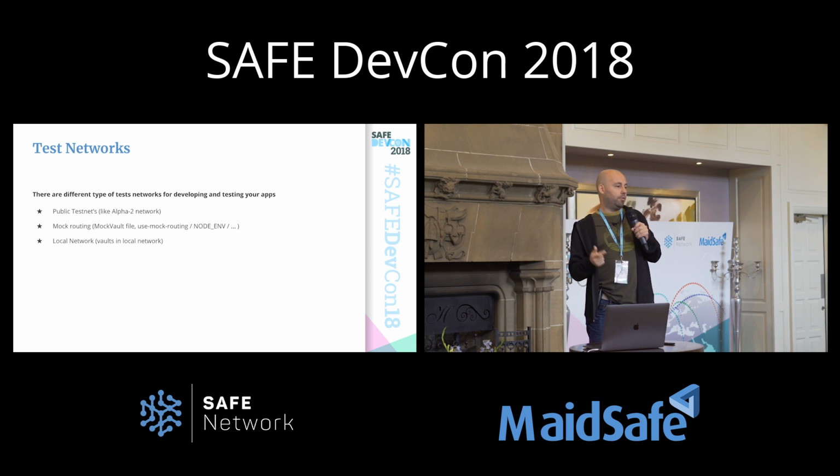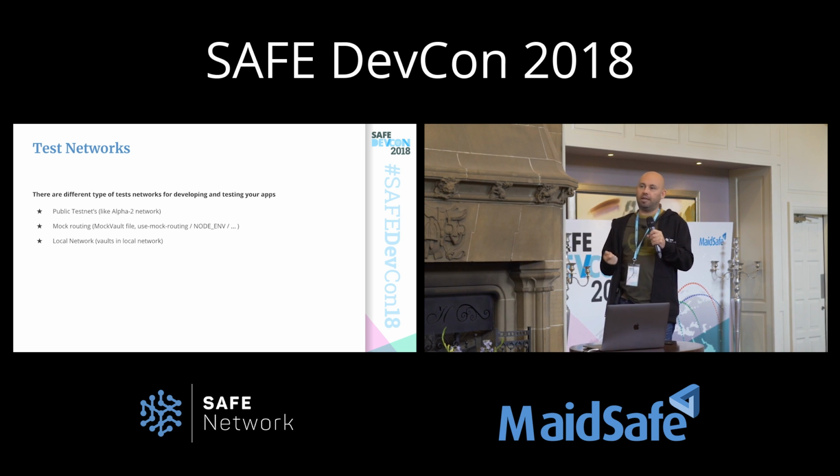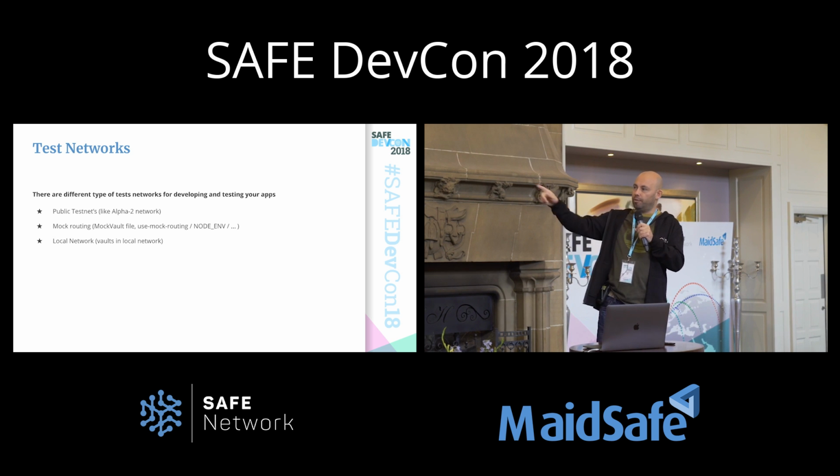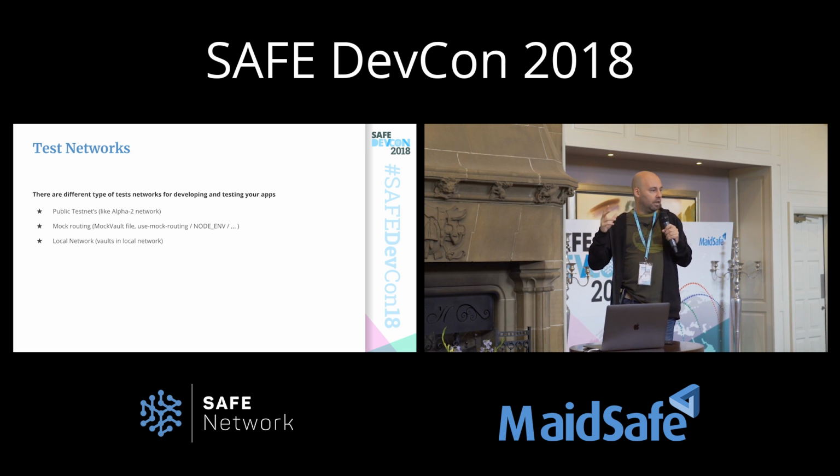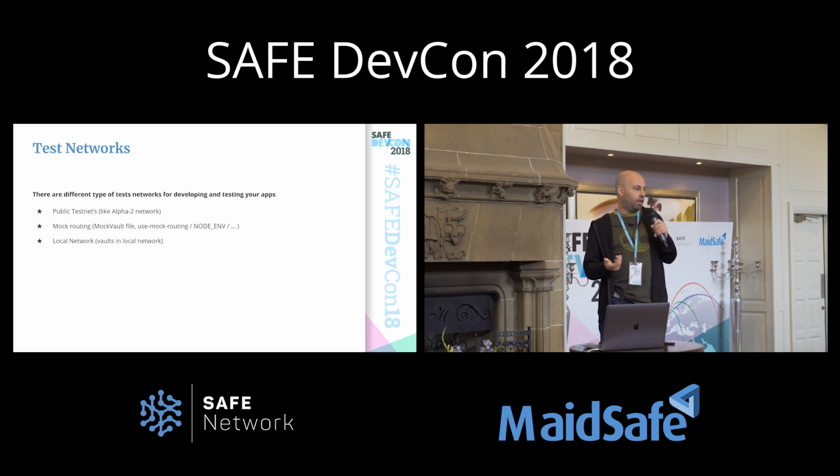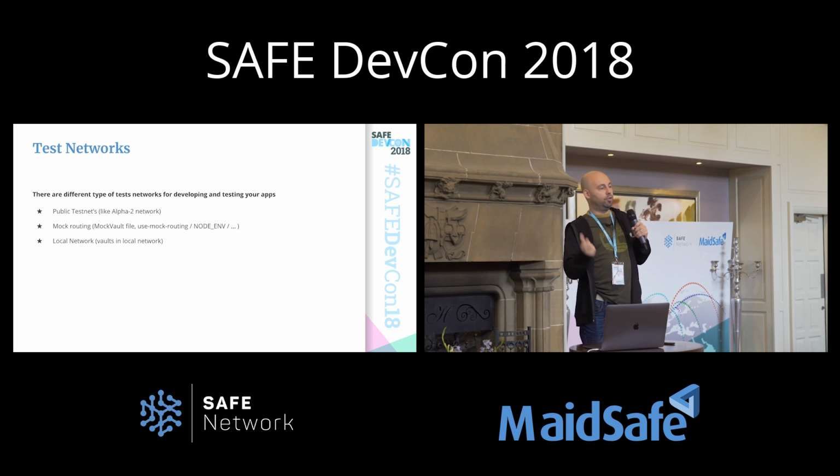When you're developing an app, you can use that public testnet and have your app connect directly to it. But if you don't want to face the limitation on the number of transactions or mutations you can do on it, you can opt in for mock routing, where the browser, the Authenticator, and your app will use just a local file to store all the data, and that acts as the network.